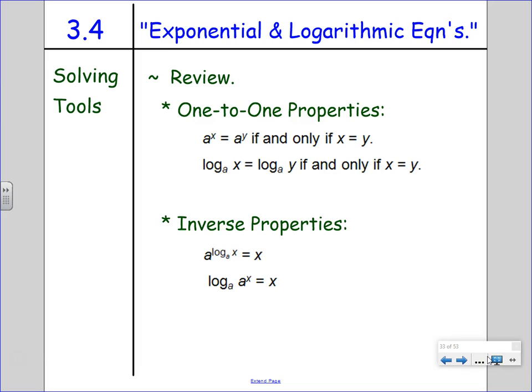Section 3.1 was exponential. Section 3.2 was intro to logarithmic. Section 3.3 was more logarithmic. And section 3.4 is everybody, and not just everybody, but exponential and logarithmic equations. And guess what? They can't just be solved with the 1-to-1 property.